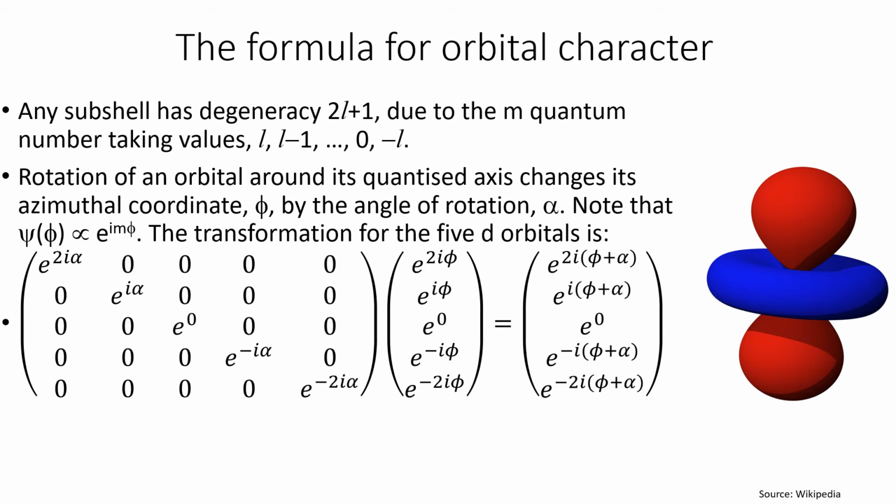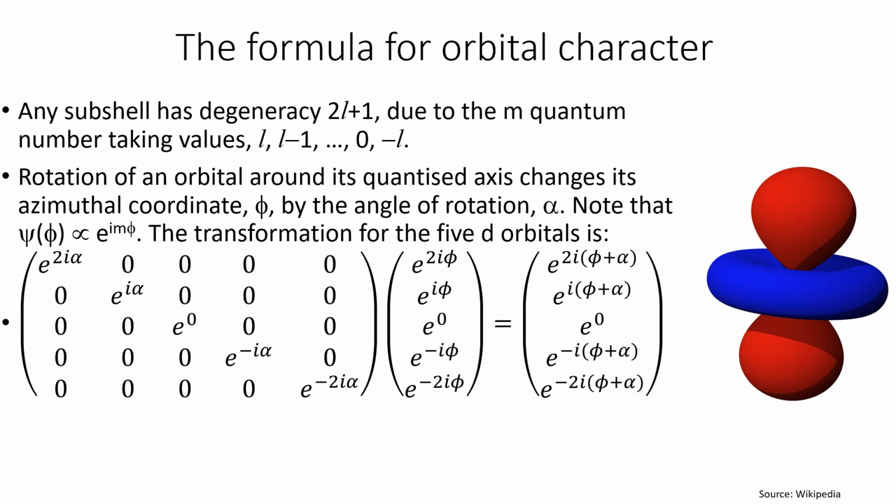You see we've added this angle alpha, but because alpha is in the exponent, that is the equivalent of multiplying by e to the power of 2i alpha, in the case of the very first orbital. So if you look at the big matrix on the left hand side, all we've done is put elements on the leading diagonal, because there's no sense in which we're mixing these orbitals up.